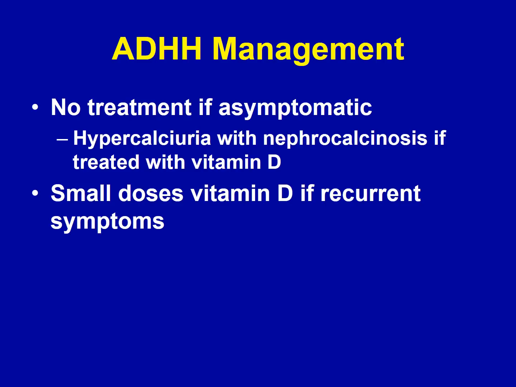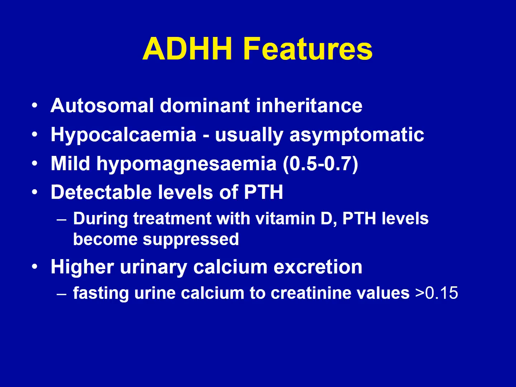If they do have recurrent symptoms of hypocalcemia, then minimal doses of vitamin D just to keep the serum calcium at an asymptomatic value is indicated. We've already discussed the ADHH features, so I'm going to skip over that slide.